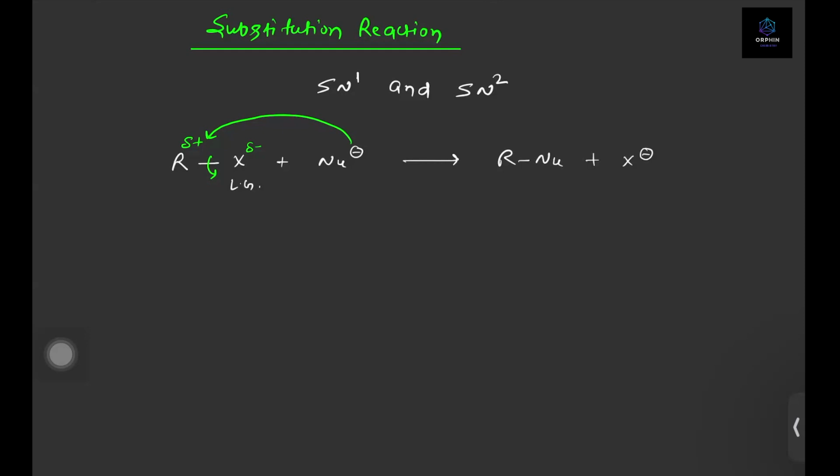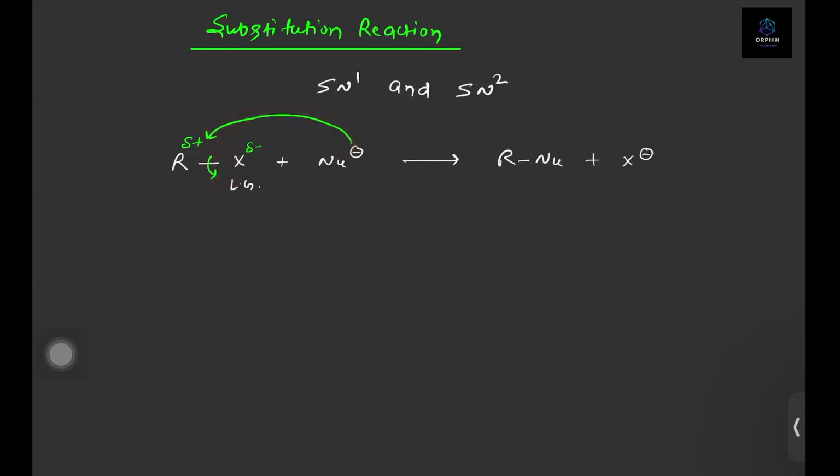Now this can occur via two pathways. If we have to remove this group and add the nucleophile on this carbon, the first case can happen when the group leaves first and then the nucleophile attacks.